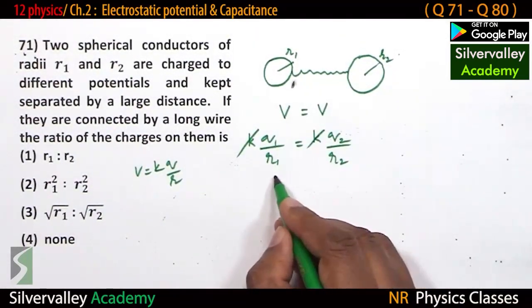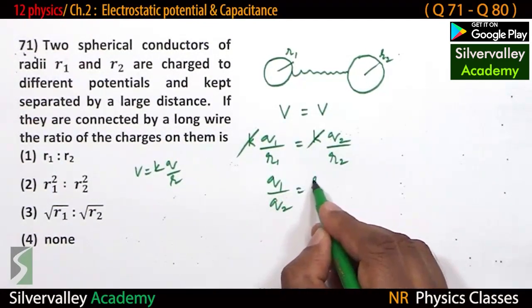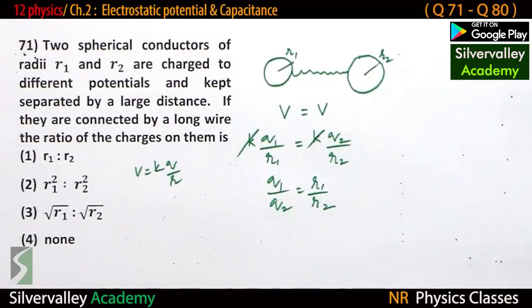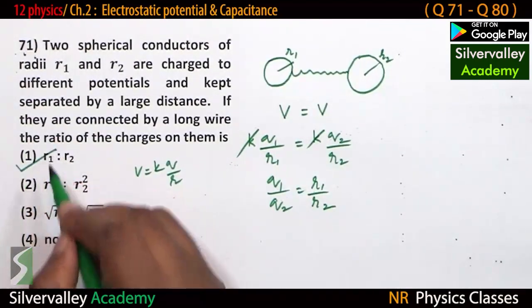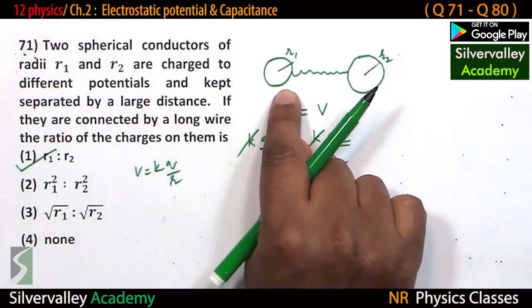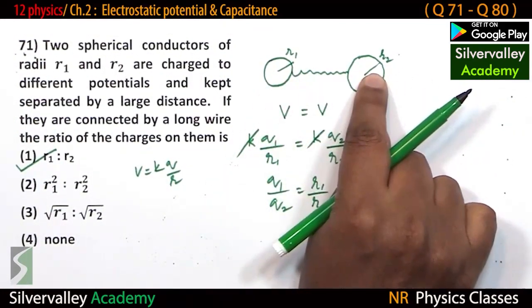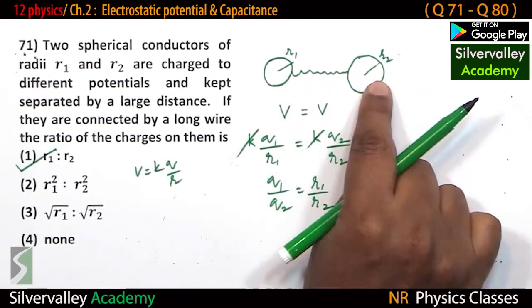Q1 by Q2 equals R1 by R2. So here you should remember this: when two charged bodies are shorted, then potential remains the same.